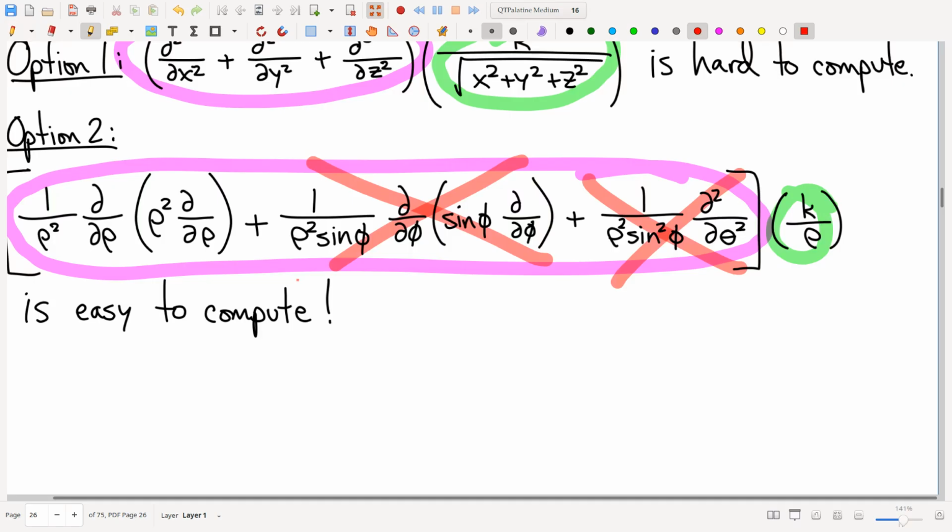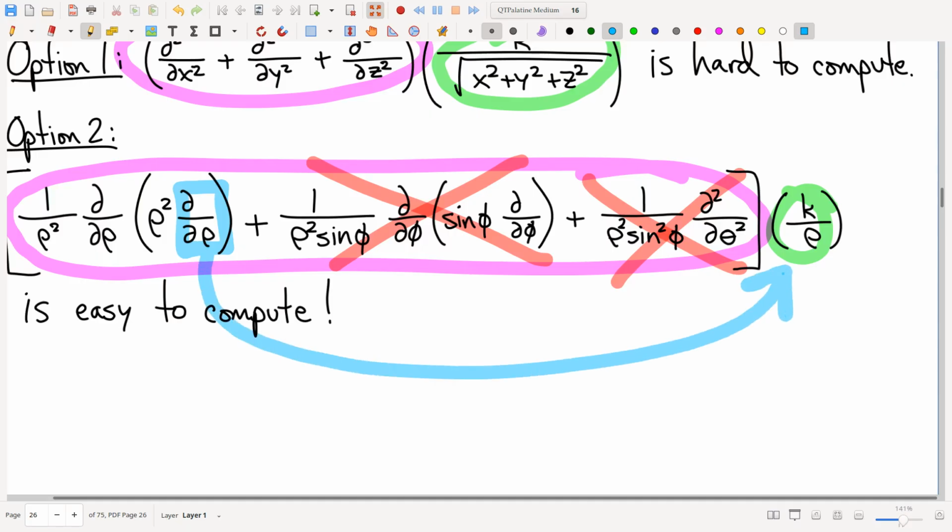So not only does that immediately disappear, but that immediately disappears. And then the only non-trivial work I have to do is take a rho partial. This does obviously have rhos in it, but it's an easy derivative. The derivative of k over rho with respect to rho is negative k over rho squared, which I then multiply by rho squared, which makes this a constant, and any derivative of a constant is 0.